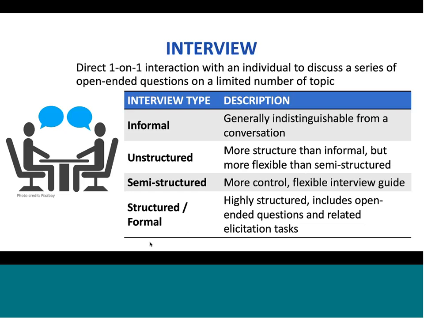A semi-structured interview provides a little bit more control to the interviewer, and this will have an interview guide, but generally these are quite flexible, and they're not necessarily scripted word for word. So there is flexibility about where the conversation can flow. And then the most structured type of interview, a formal interview, includes open-ended questions and sometimes elicitation tasks.